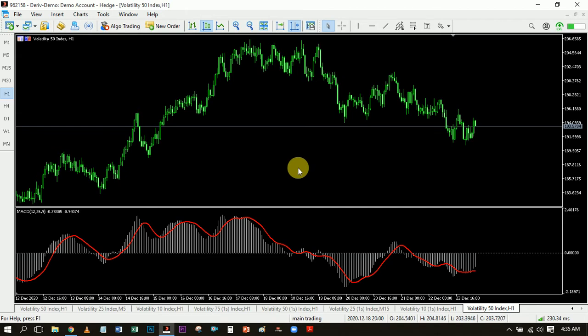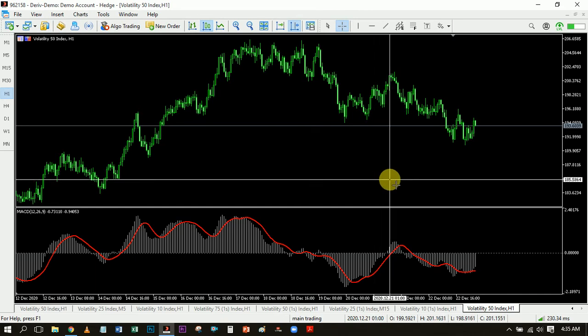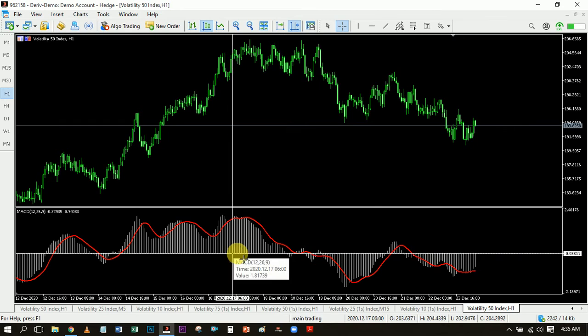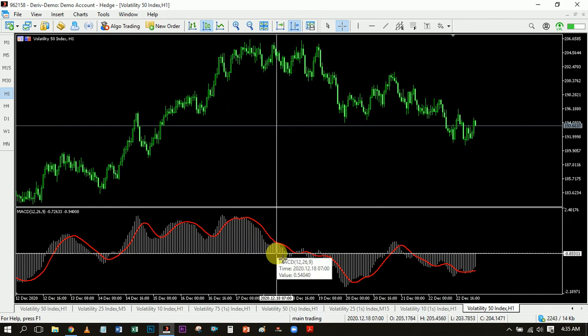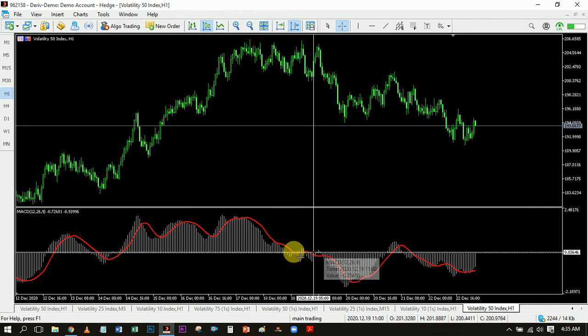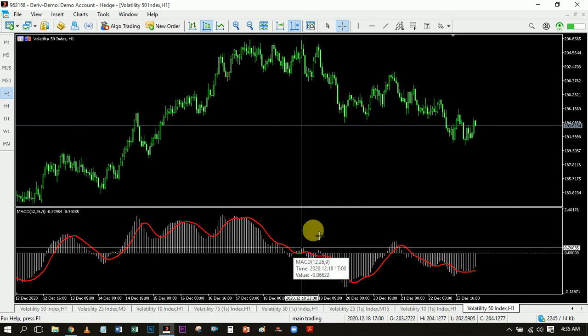Why? Because the actual change of momentum, or the actual time that the MACD has crossed to the other side, is when it has crossed the zero line. So for a buy signal, you only start considering a buy when the market has crossed above the zero line.